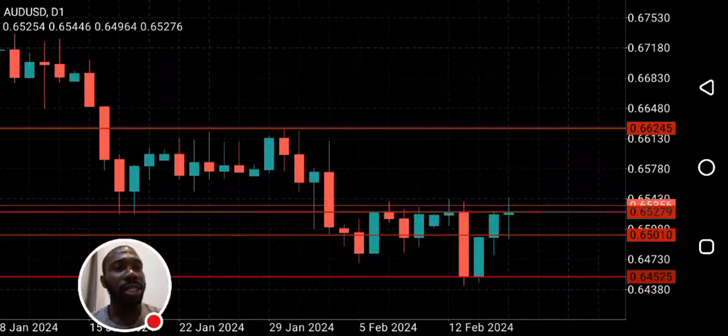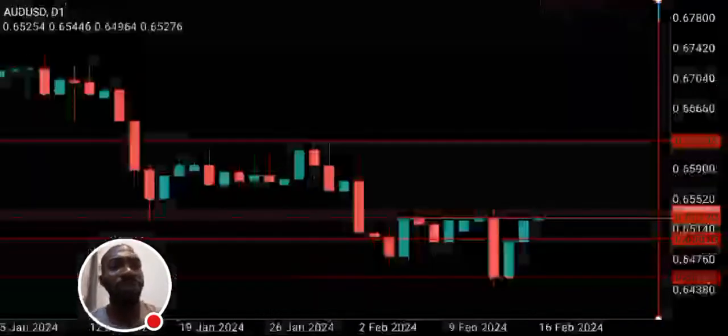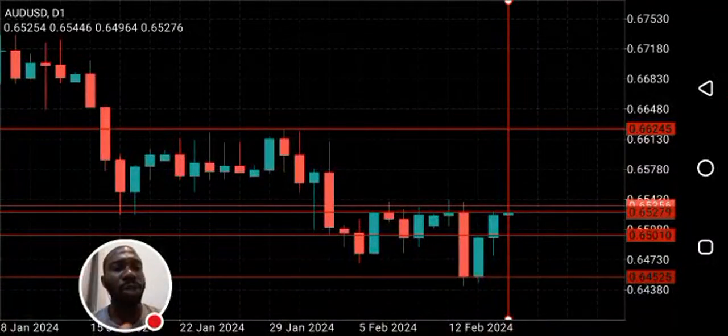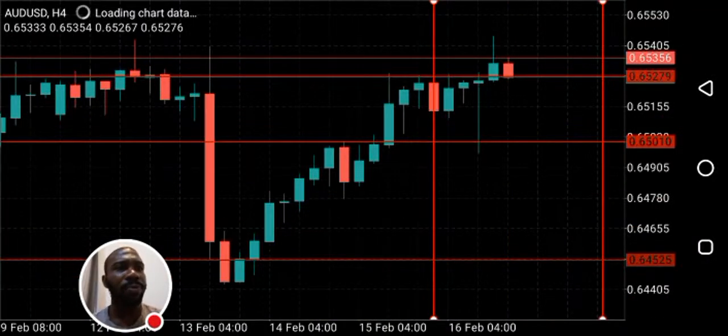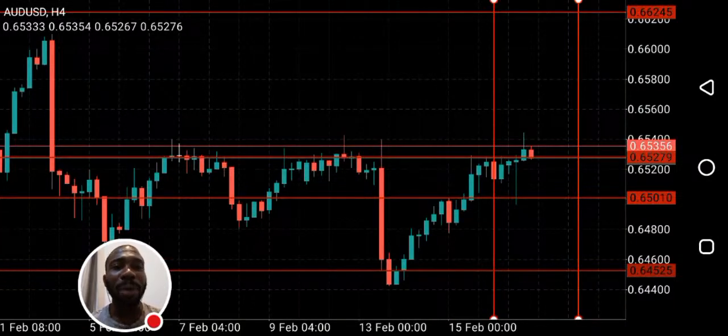Okay, let's switch to the 4-hour time frame. So what do we have on 4-hour after the formation of this spinning top on the daily time frame? You can see the pattern we have on 4-hour. If we go by the daily and 4-hour time frame, the pattern we have is a bearish pattern.